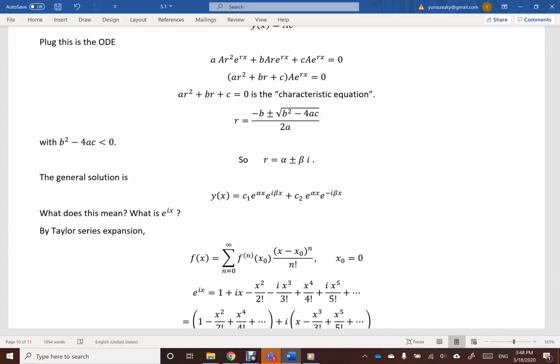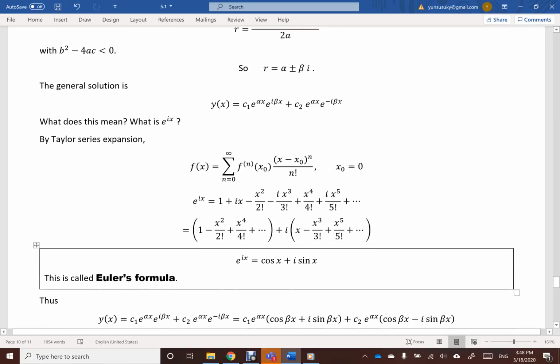So how does this work? Alright, so these two complex roots we can still think of as two roots, right? With r1 being alpha plus beta i, and r2 being alpha minus beta i.